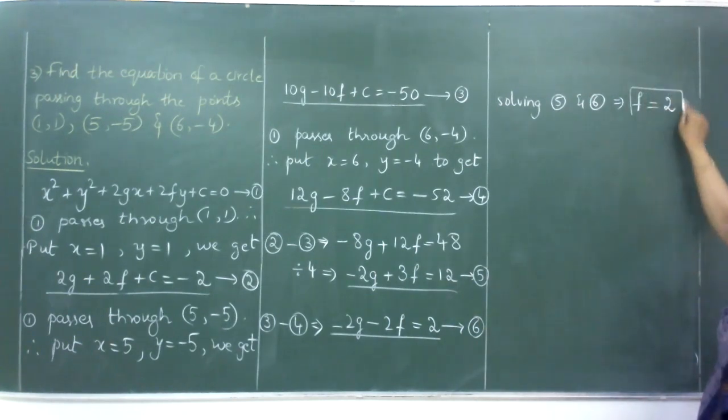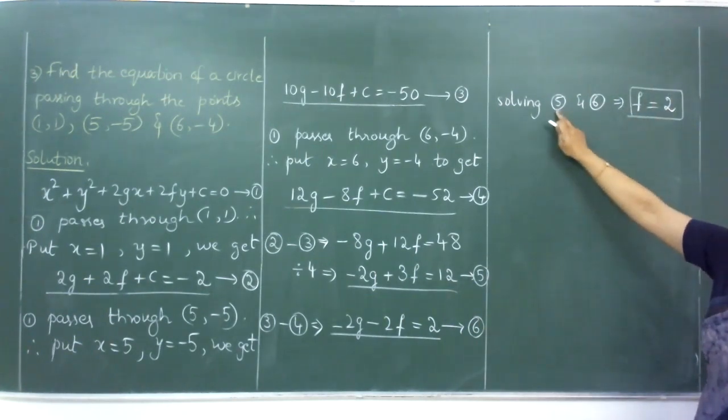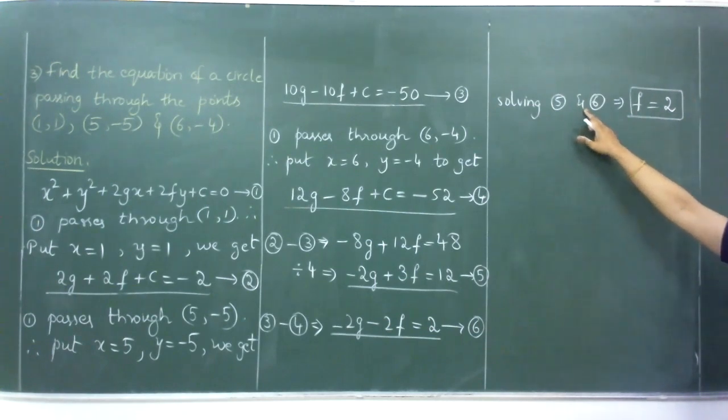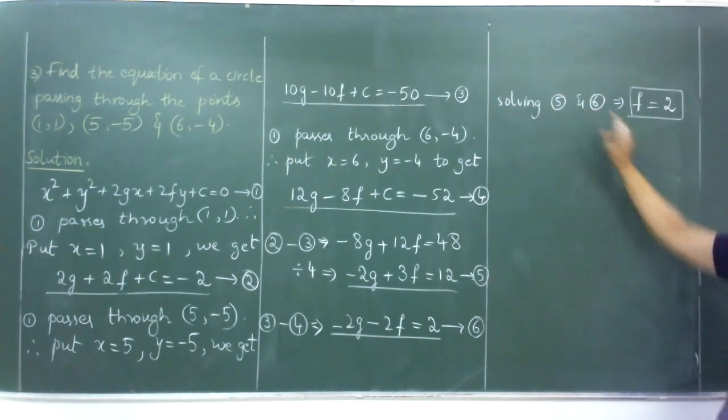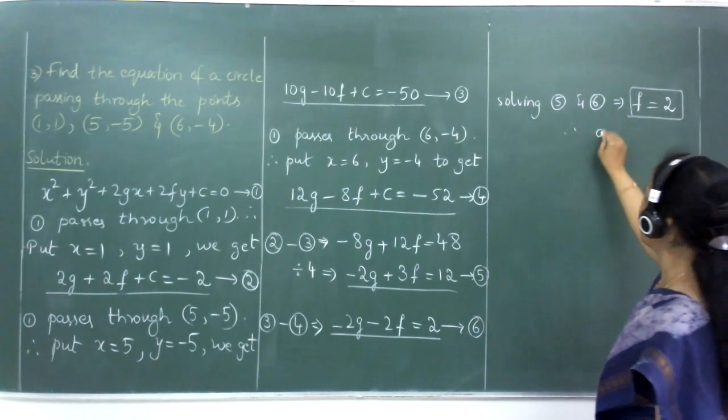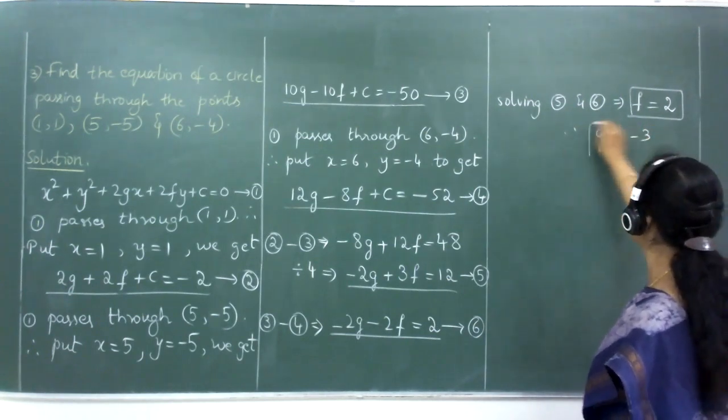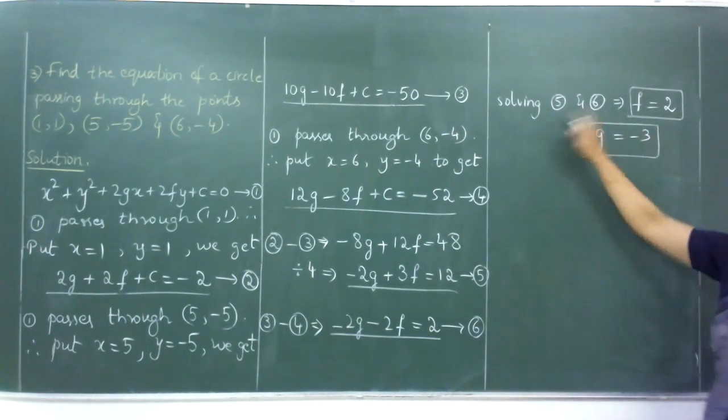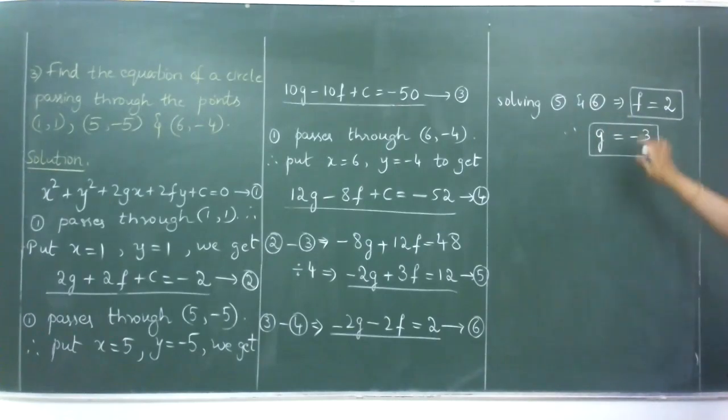Now this value of f, if you substitute either in the 5th equation or in the 6th equation, it will give me the value for g as equal to minus 3. When you solve equations 5 and 6 as simultaneous equations, you will find g equal to minus 3, f is equal to plus 2.